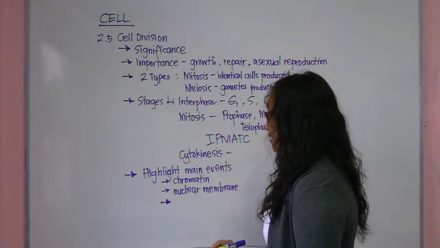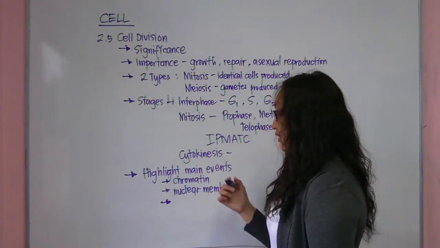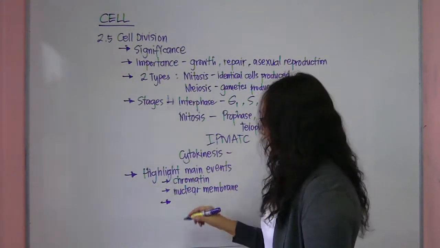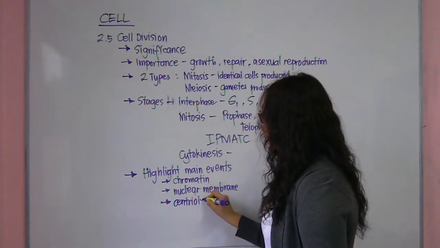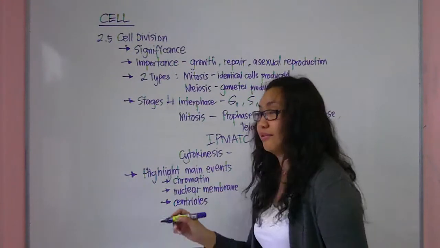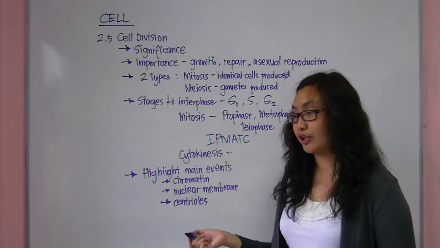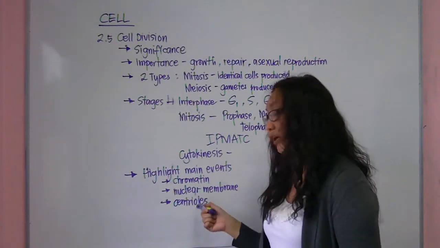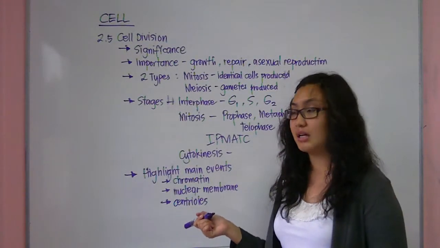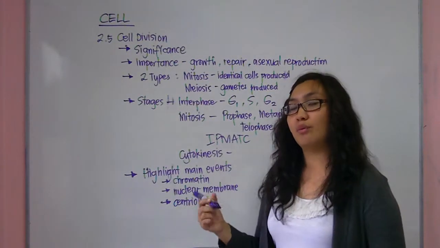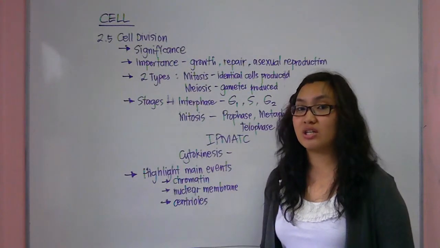Another thing that needs to be remembered is the activity of the centriole. Centrioles are one of the organelles that have been discussed previously in eukaryotic cells, and they are used in the process of cell division. They are what we call the spindle fiber arranging organelles.